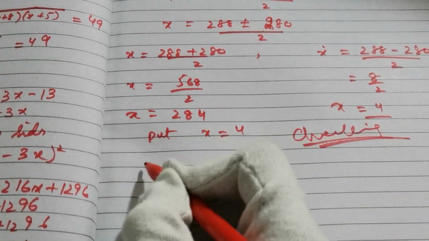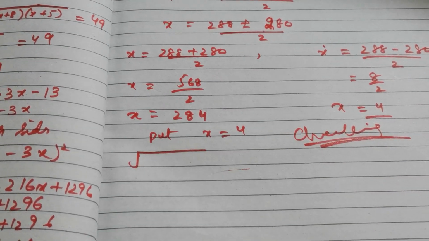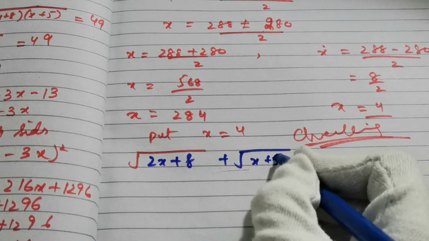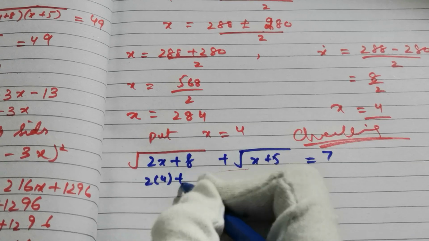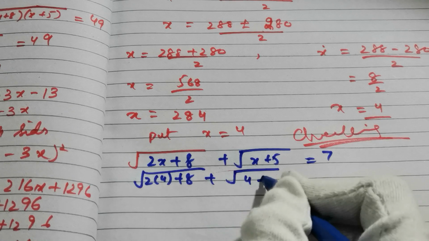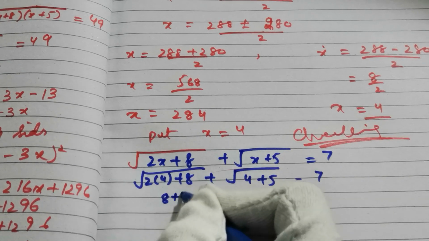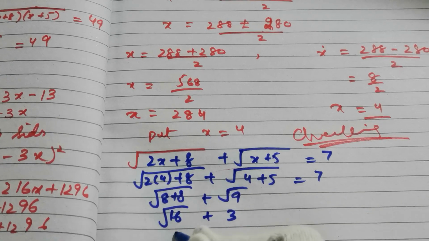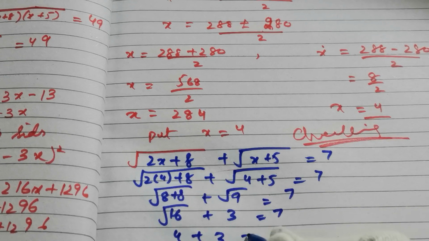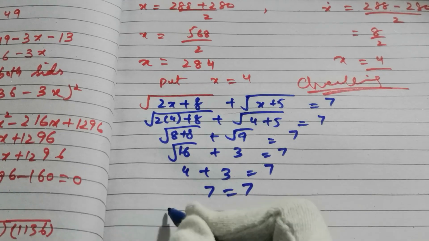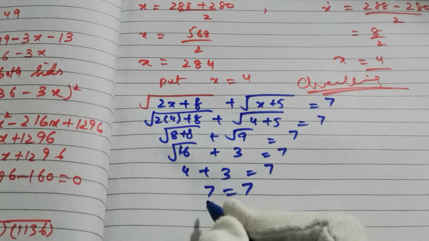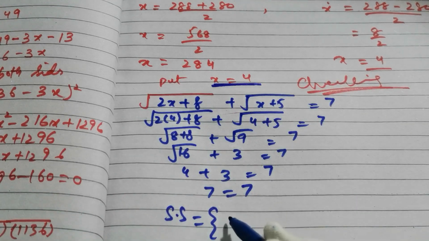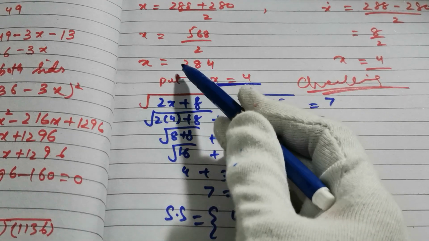Putting x is equal to 4 in under root 2x plus 8 plus under root x plus 5 is equal to 7. 2 into 4 plus 8 under root, plus 4 plus 5. 8 plus 8 under root plus 9. 16 plus 9 under root, 4 plus 3 is equal to 7. 7 is equal to 7. So 4 is a solution.